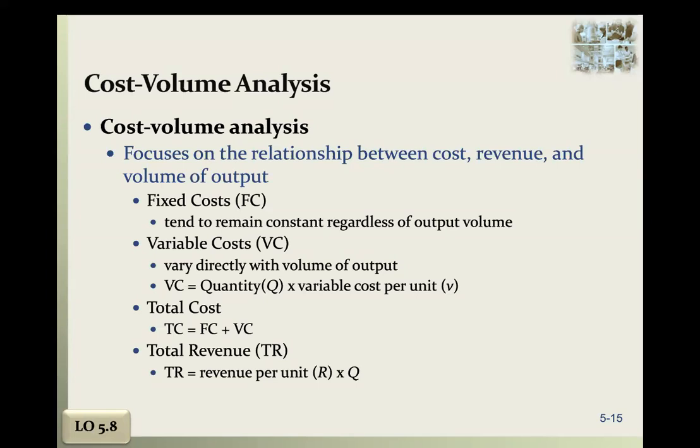For instance, you are running a coffee shop. In a coffee shop, there are some types of cost that will change depending upon how much you are selling. So for instance, if there are more customers, more coffee will be used, more plastic cups would be used, more napkins, more sugar, more creamer would be used.